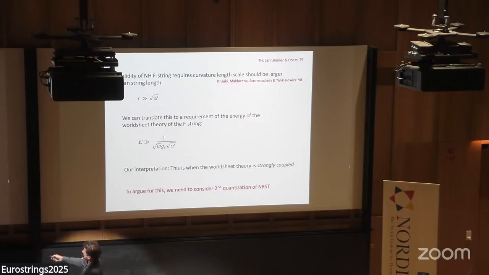So our interpretation of this is that this near horizon background is a description of non-relativistic string theory, or rather the worldsheet theory of non-relativistic string theory, when the coupling is sufficiently strong.